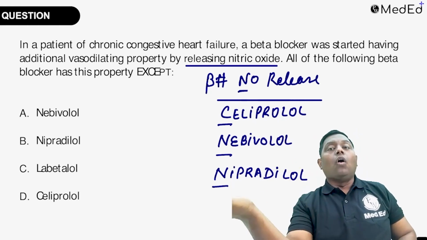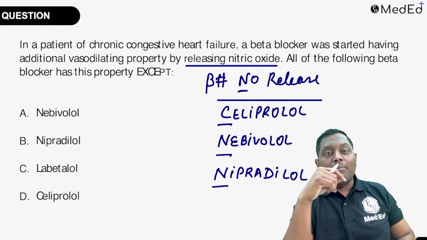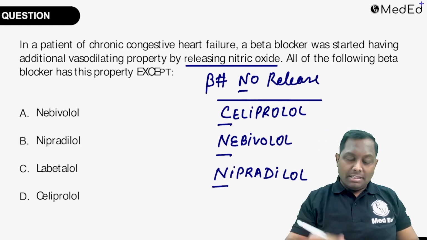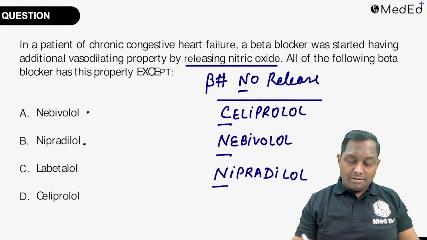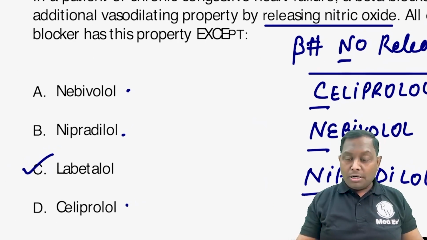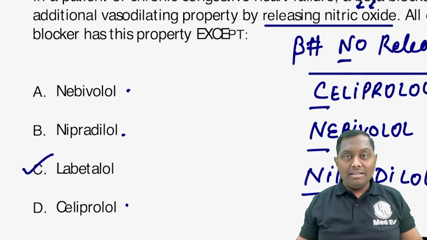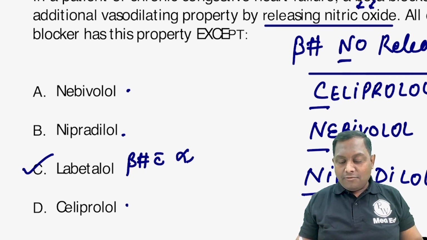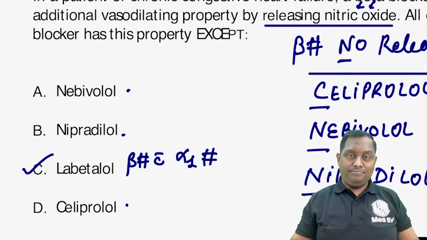The examiner is asking, all of the following beta blockers have this property except. It has become very easy now, I have given you three: nebivolol, nipradilol, celiprolol. You all have to select labetalol, because labetalol can cause vasodilatation, yes, but not by releasing nitric oxide. It is a beta blocker with alpha-1 blocking property.